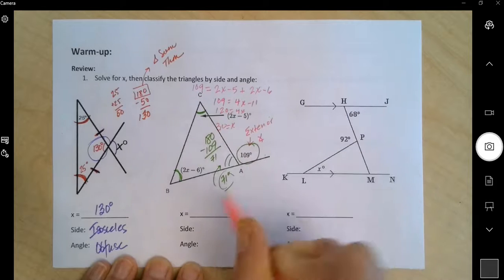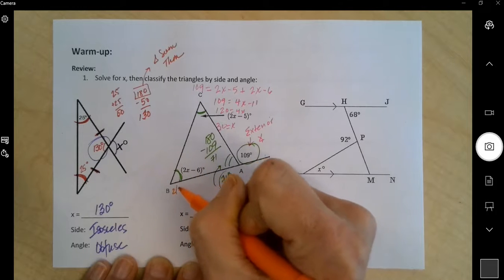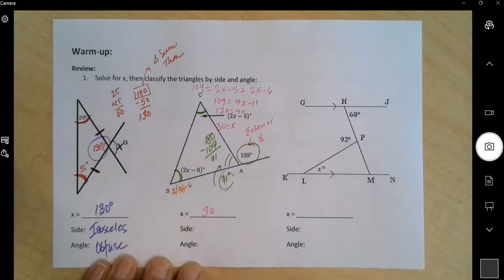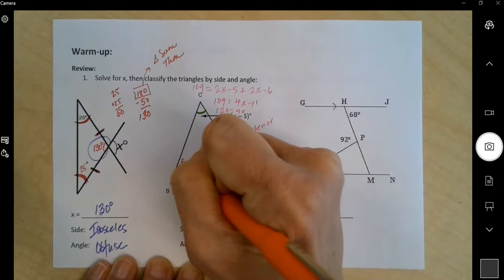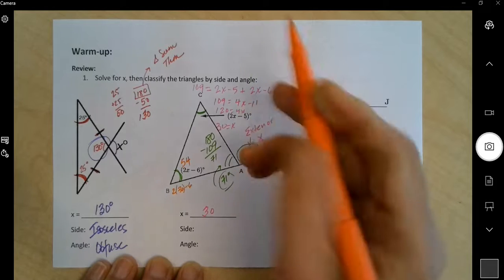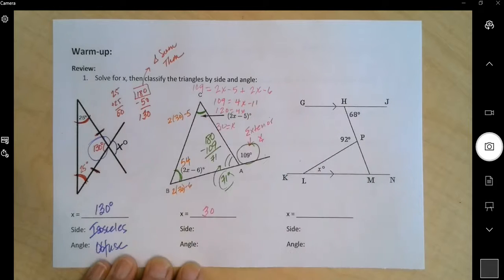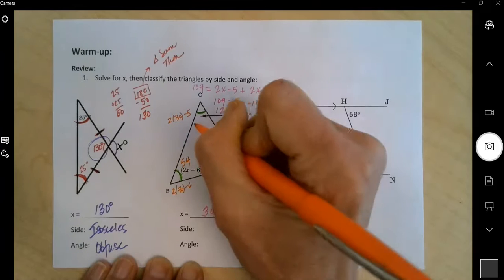So I end up with x having a value of 30. Once I know that x has a value of 30, when I go to figure out what my angle measures are, 2 times 30 minus 6 is equal to 54. 2 times 30 minus 5 is equal to 55.